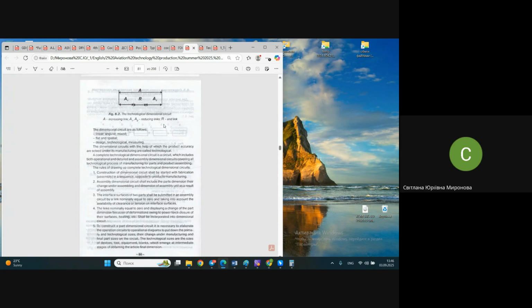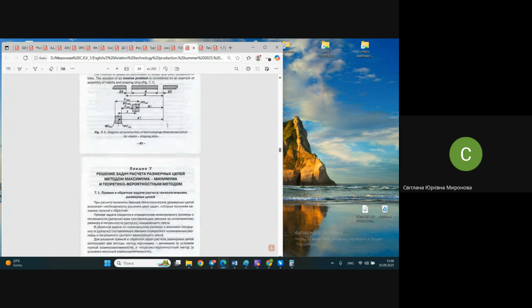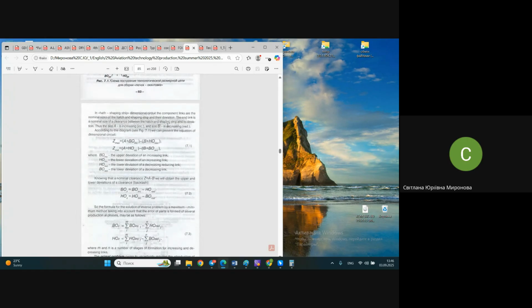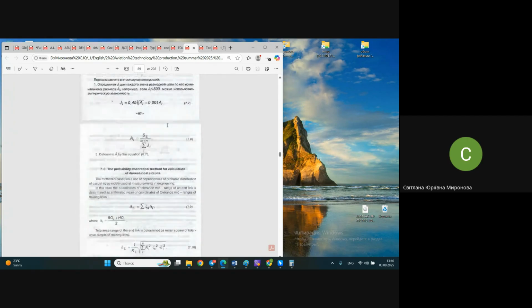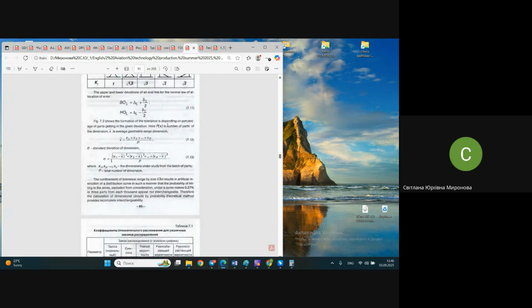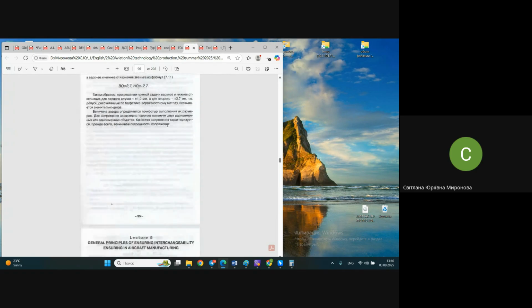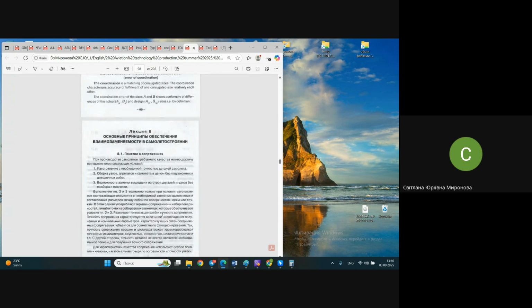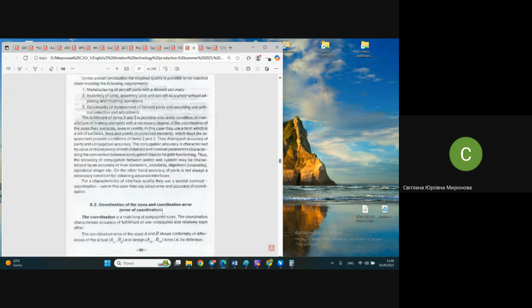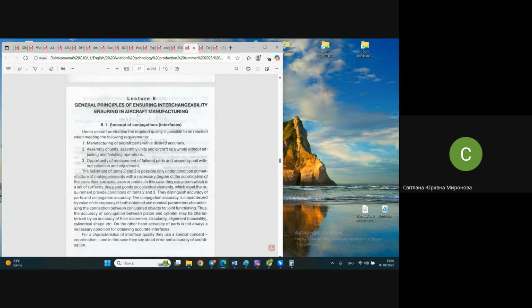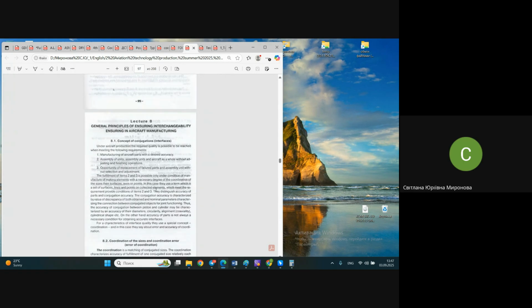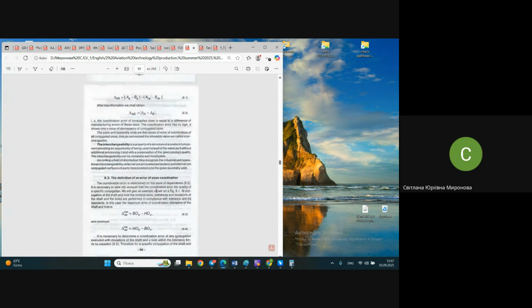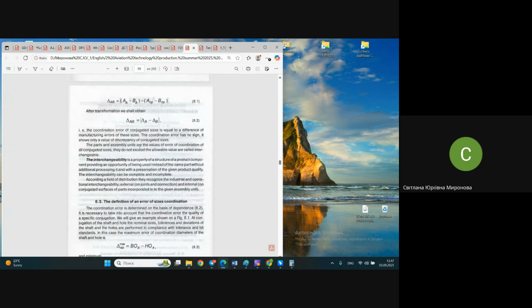And when we're talking about the airplane, I've already said sometimes that we are not so interested in the accuracy of individual sizes. We are interested in the accuracy of conjugations. Here the term conjugation is not correctly used; it should be the concept of coordination.